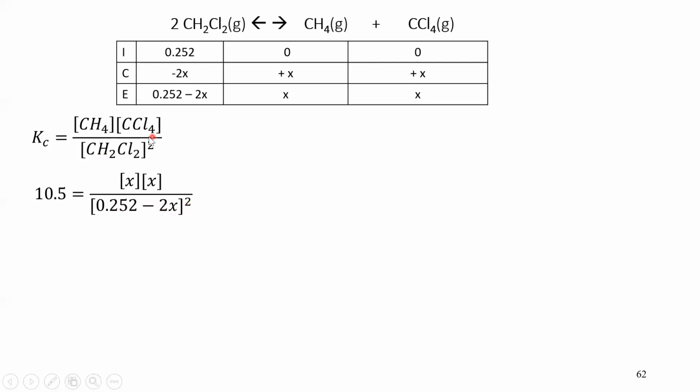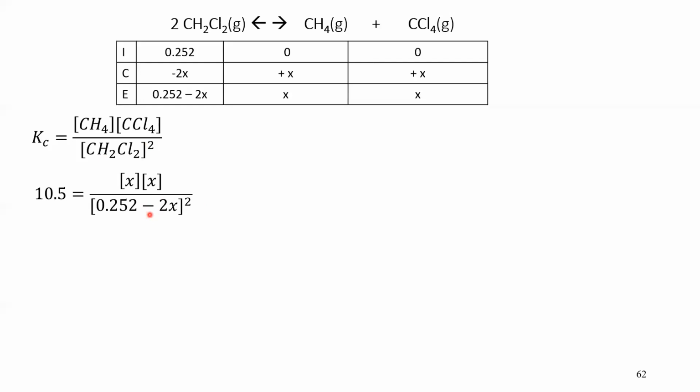And we have to remember that because we squared it in the expression, we're squaring it here. Now, the math becomes the same as the math we did before. We've got X squared over 0.252 minus 2X squared. Follow what we did in the last question.